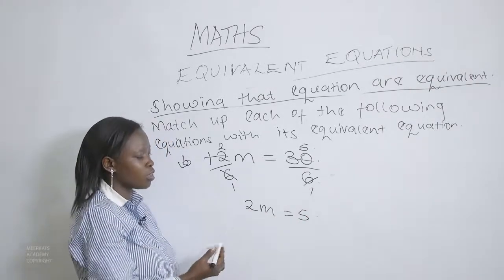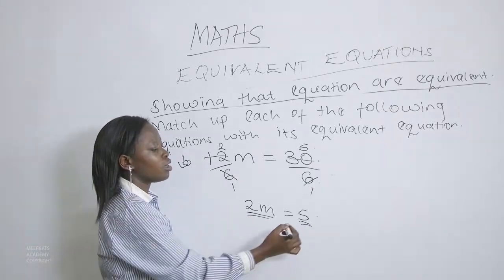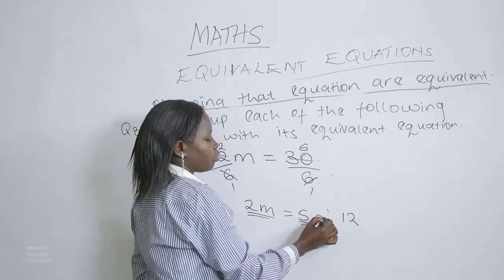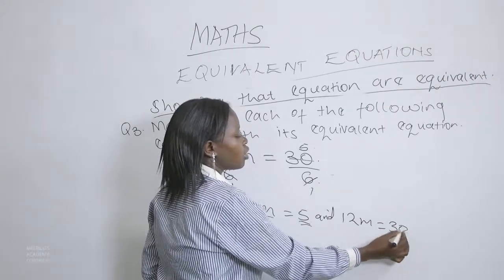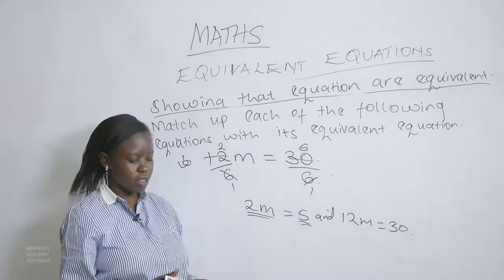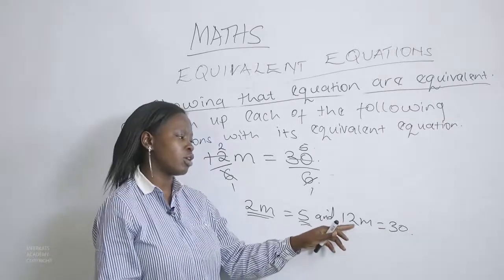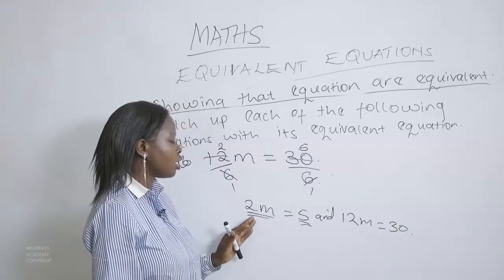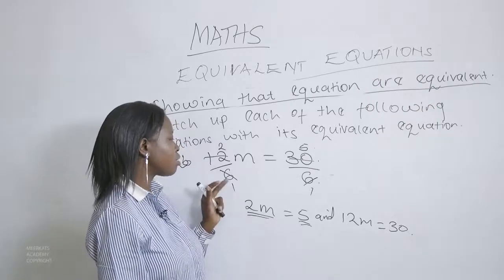So this means that 2m is equal to 5 is an equivalent equation to 12m is equal to 30. What is the reason? There is a number that I can divide both sides of the equation 12m is equal to 30 by and obtain 2m is equal to 5, and the number is 6.